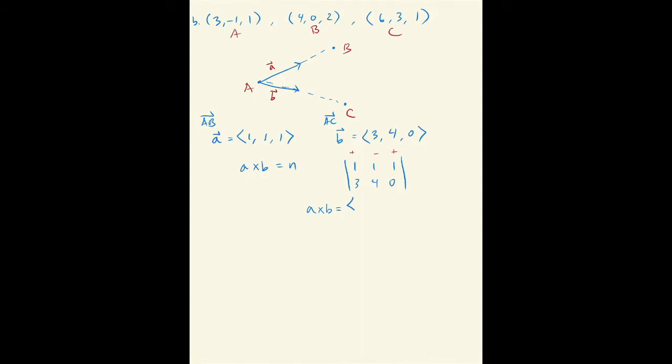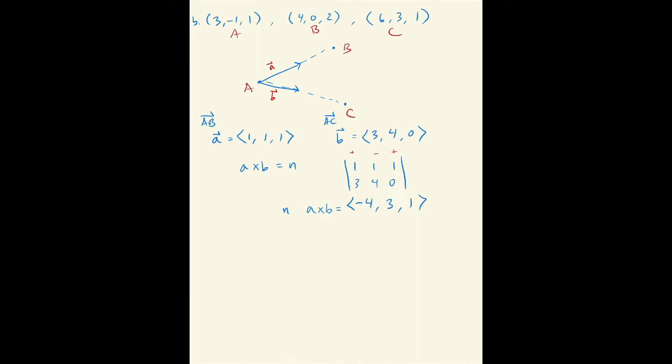So it will be 0 minus 4, minus 4 for the i, and then 0 minus 3, so 3, and then 4 minus 3, 1.